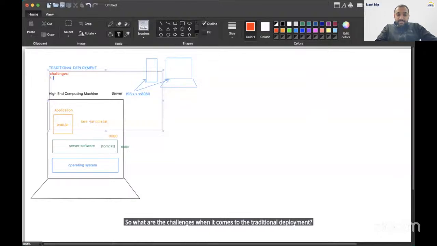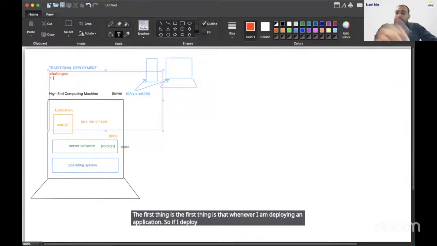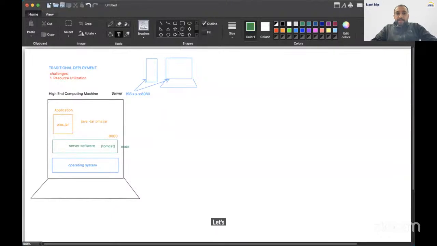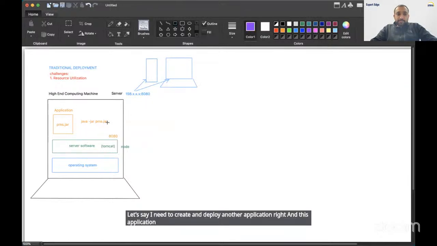The first thing is that whenever I deploy another application on the same machine, there is a challenge of resource utilization. Let's say I need to create and deploy another application, which can be the same technology or a different technology.